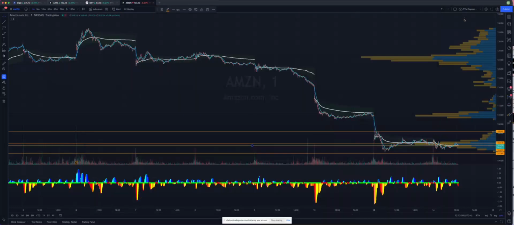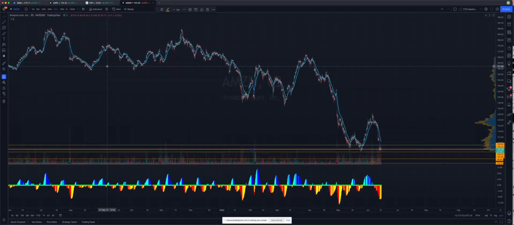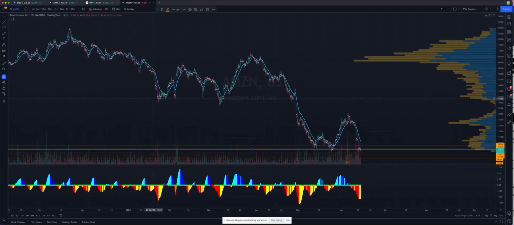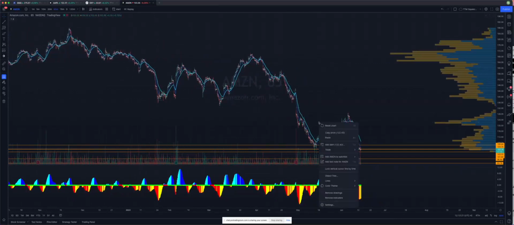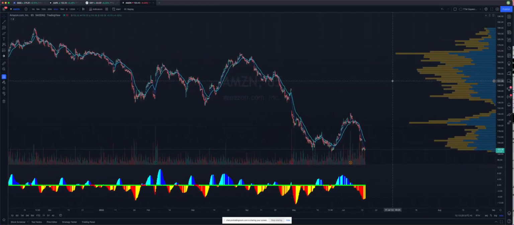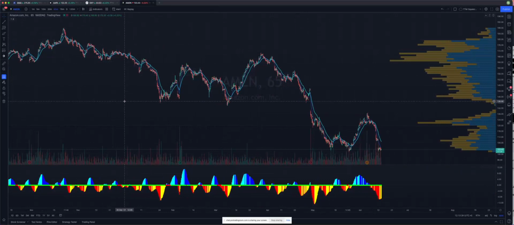If we jump over here to the charts, this is a 65-minute chart on Amazon. As you can see, I'm going to get rid of my lines here. We have a lot of volume profile over here on the right, and you can see all the price action that's happened in here.